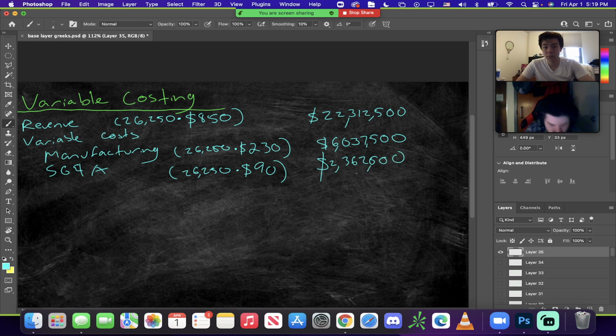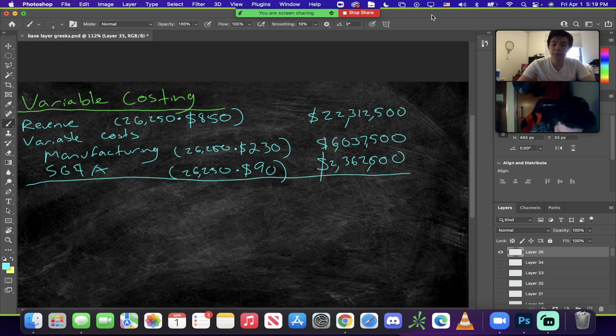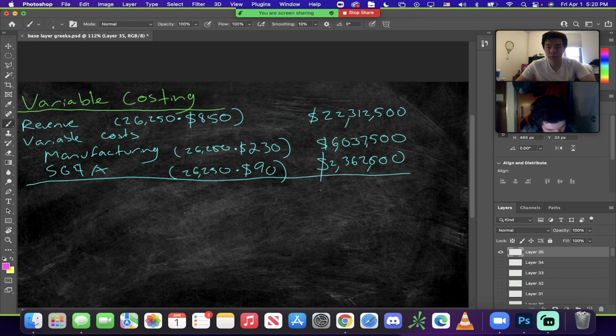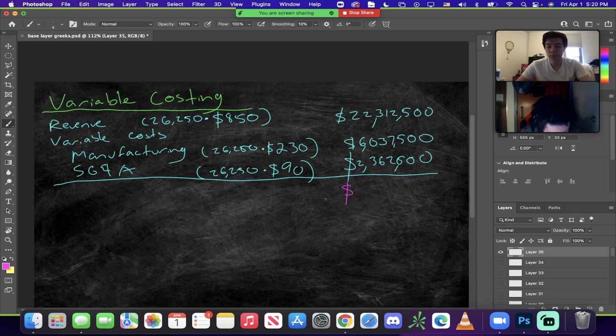So the one for manufacturing would be 6,037,500. And then the other one would be 2,362,500. Yep.